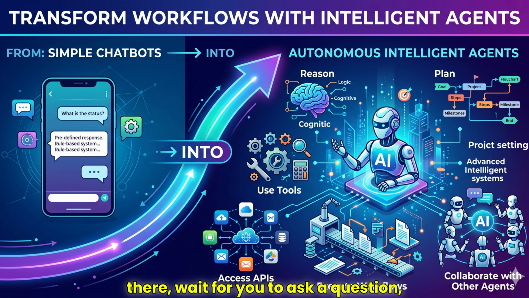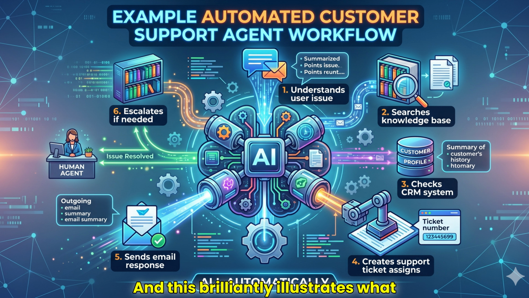They just sit there, wait for you to ask a question, and spit back an answer. But autonomous, intelligent agents, they are fully active. They can actually reason through a complex problem, create a multi-step plan, use external tools, access APIs, and execute workflows completely independently. They don't just answer questions anymore. They actually do work.